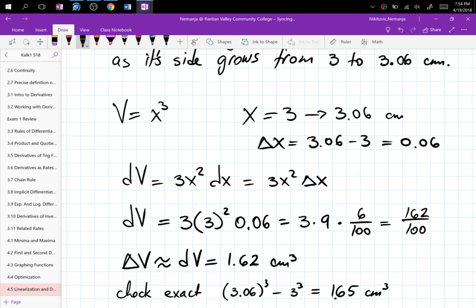Wasn't it much easier here? We didn't take a calculator for anything. It was pop, pop, pop, pop, done. So linearization approximates the value of the function. Differentials approximate the change in the function. And we approximated now the change in volume as you went.